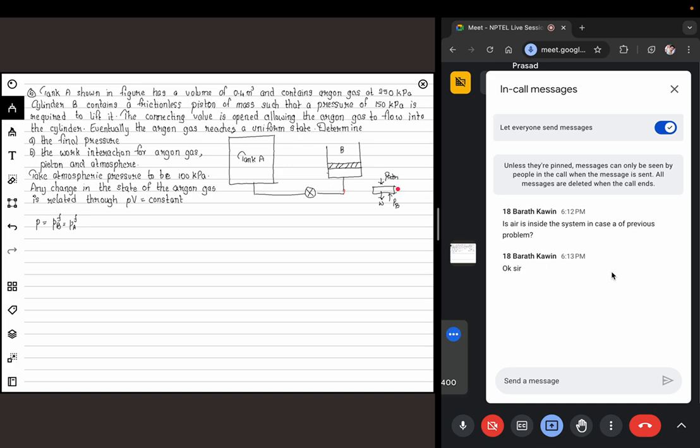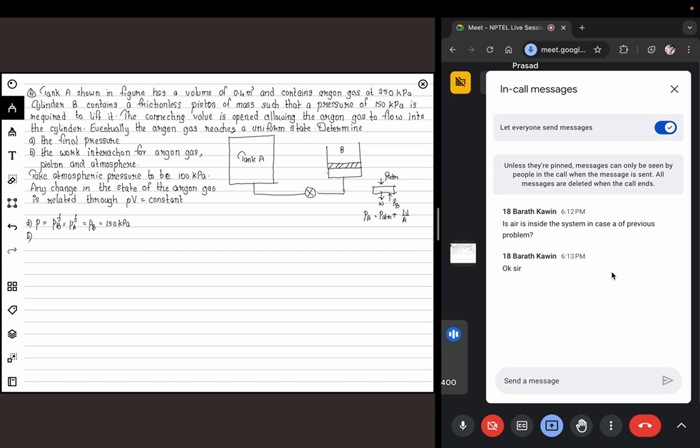If the acceleration is 0, then when you apply a force balance, your PB should be equal to P atmosphere plus the weight divided by area. This atmospheric pressure is constant and weight of piston and area are not changing. So your PB is constant. So the process inside the container B is an isobaric process. So I can write PB, and that is equal to, the value is given to be 150 kilopascal. So that is the first part.